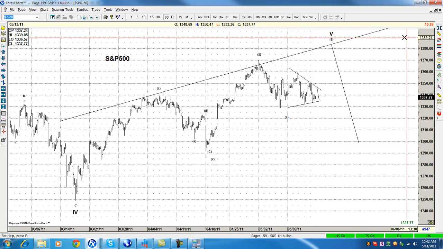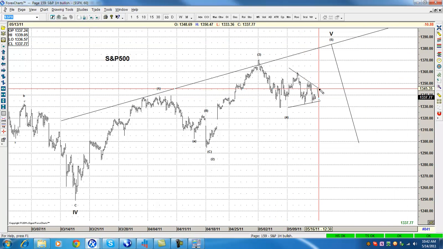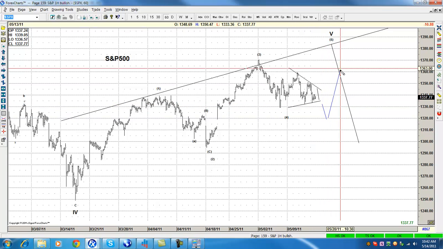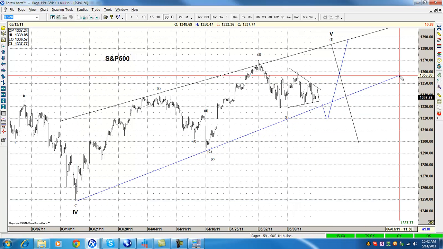I believe that there is still a chance that this be a triangle wave B, that it busts down to around this area, and from here goes higher, and still this is the diagonal.